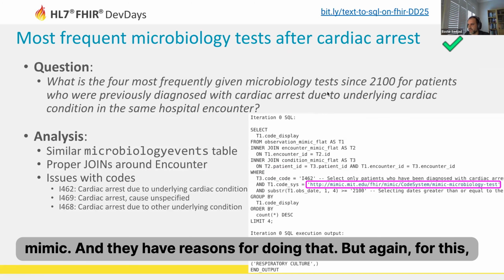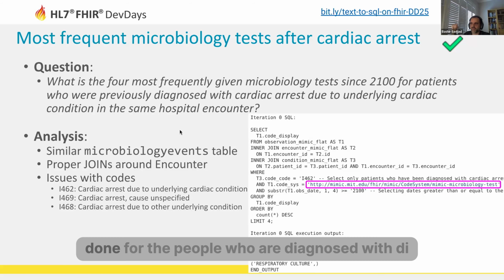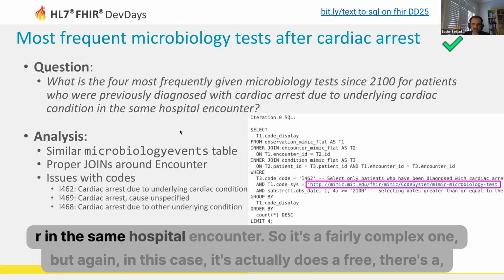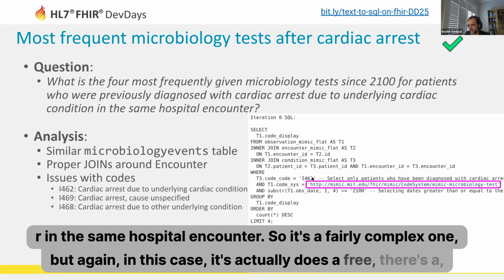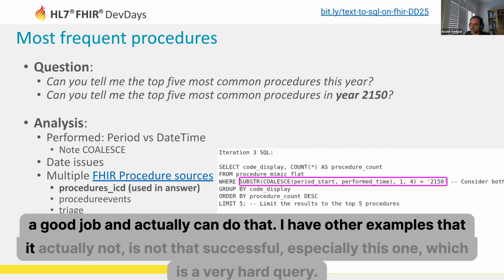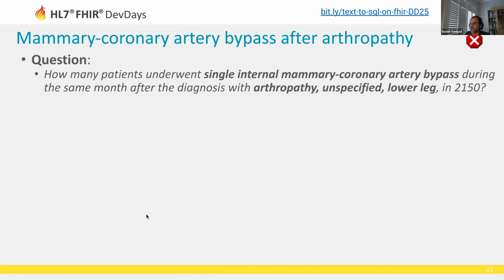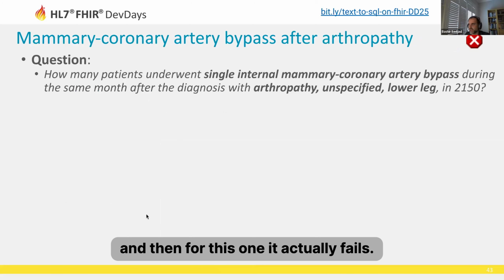But for this example, I'm counting the most frequent microbiology tests that are done for the people who are diagnosed with cardiac arrest in the same hospital encounter. So it's a fairly complex one, but in this case, it actually does a good job. I have other examples where it is not that successful, especially this one, which is a very hard query, and for this one, it actually fails.